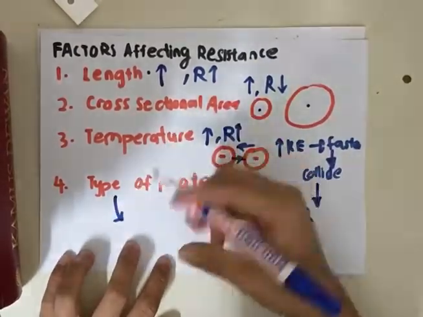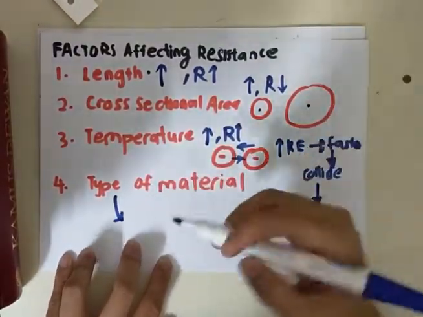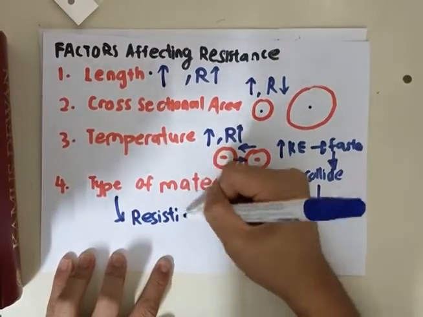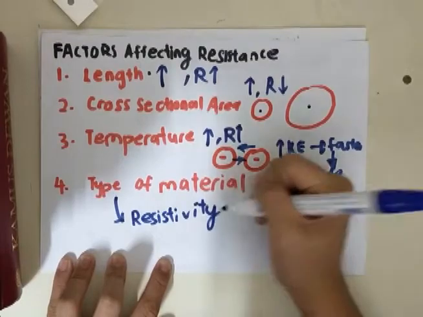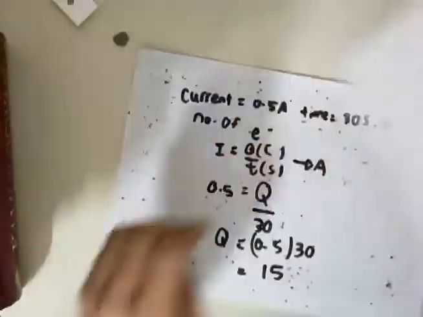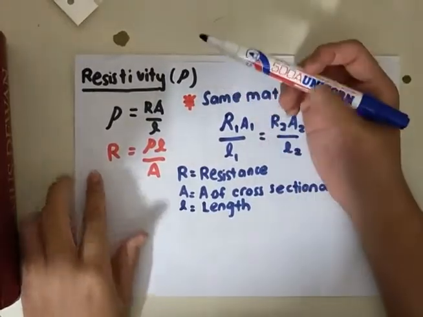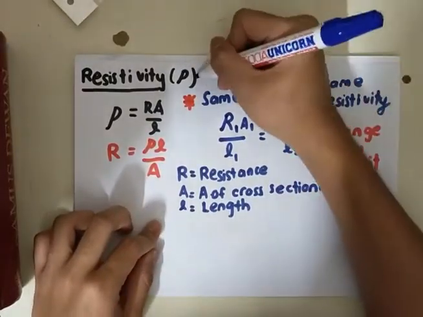So type of material. This one is pointing towards the resistivity of the material. We will learn about this in a bit. As I've said, resistivity is represented by the symbol rho.